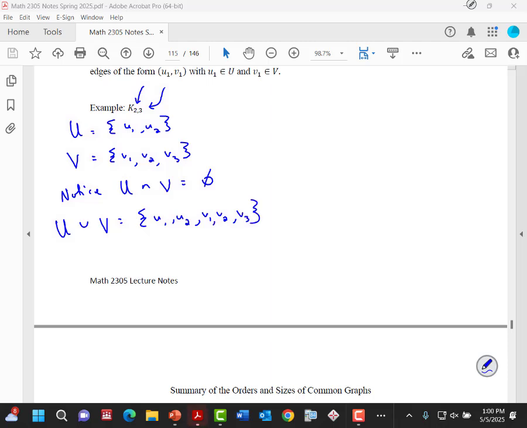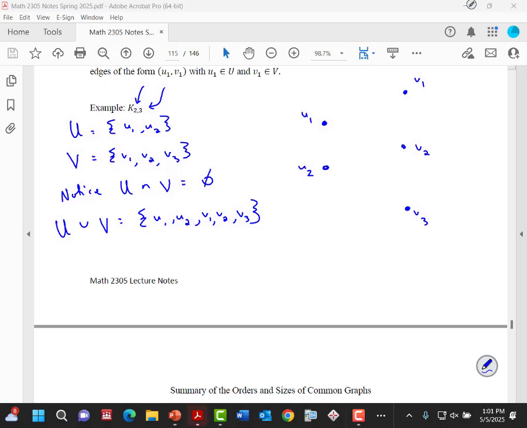Now, let's draw this graph. I'm going to have 2 vertices in this first set. I will call them U1 and U2. And then 3 vertices in this second set, which I would call V1, V2, and V3.